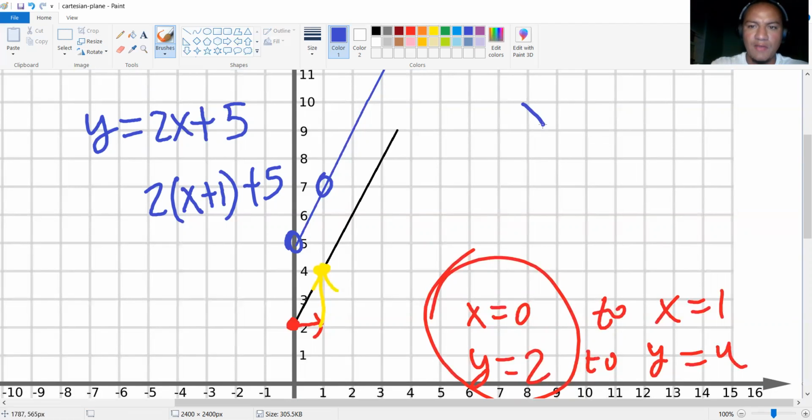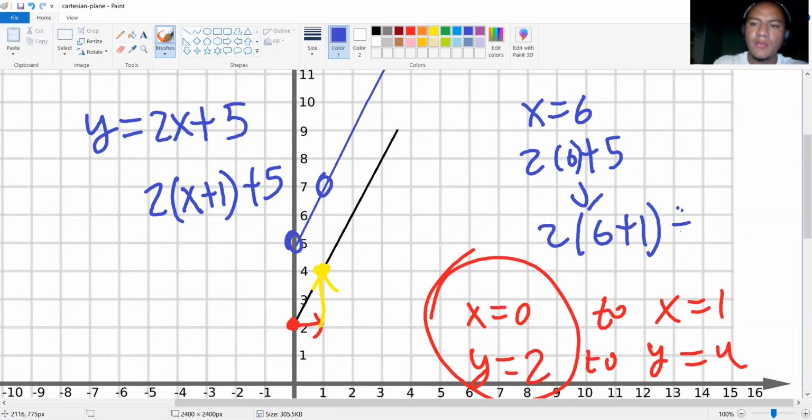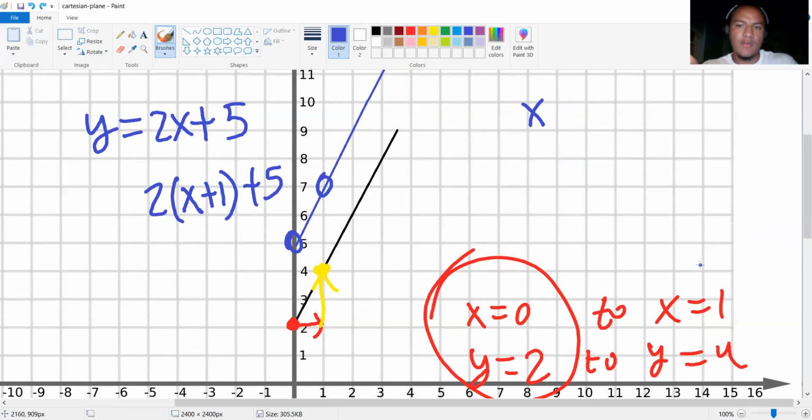For example, if x was 6, then the line 2 times 6 plus 5 turns into 2 times 6 plus 1 plus 5. So 2 times 6 plus 1 plus 5, which is just 2 times 7 plus 5. So I just added 1 to x, whatever it may be. It's arbitrary. You can pick any number. Just add 1 to it. So that's what I've done here.